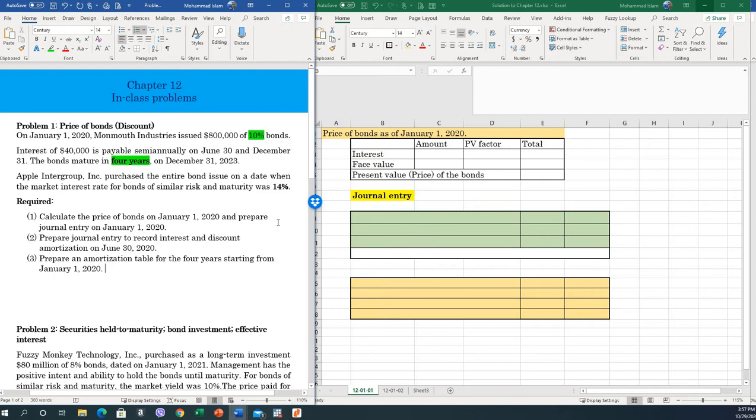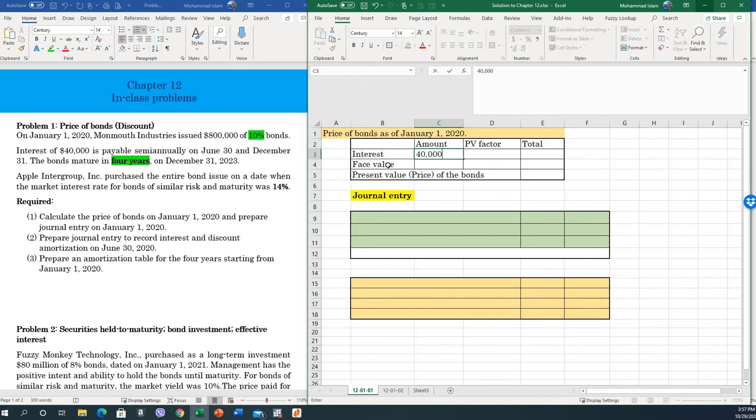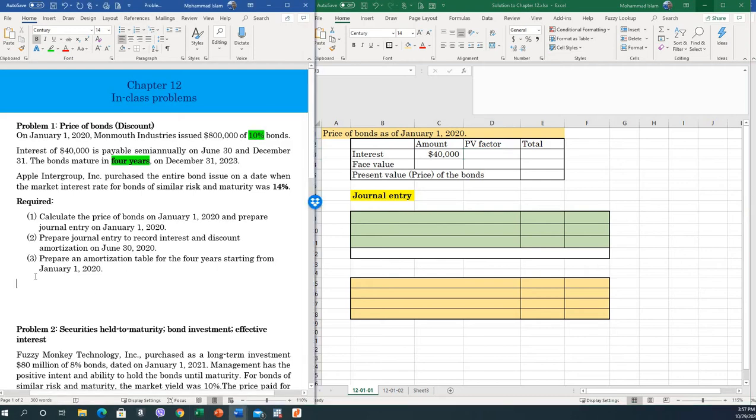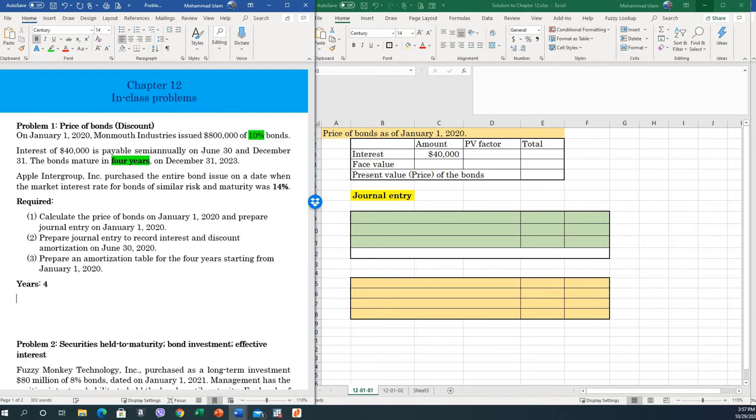Okay, so now let's go. The first one, the price of the bonds. The interest is 40,000 payable semi-annually. Since this amount is paid semi-annually, let's see the years. Number of years is 4, so number of periods would be 4 multiplied by 2 equal to 8.